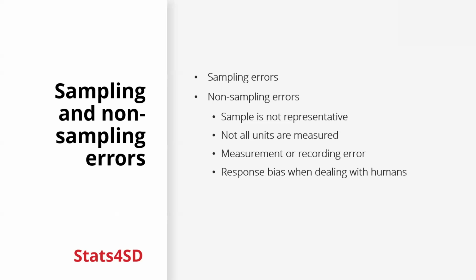The difference between the value that we obtain from the sample and the true, although usually unknown, population value is caused by what are known as sampling and non-sampling errors. Note that even if we call them errors, it doesn't mean that we have made a mistake. It's just statistical terminology. This difference between the estimate and the true value is the error.